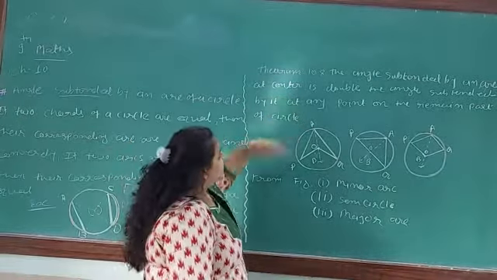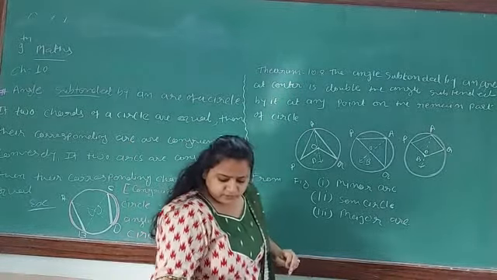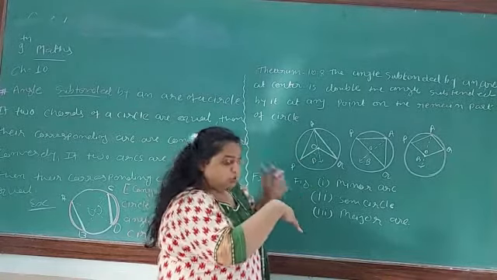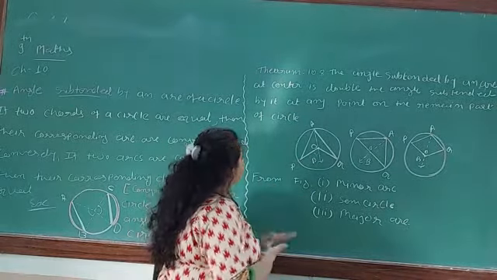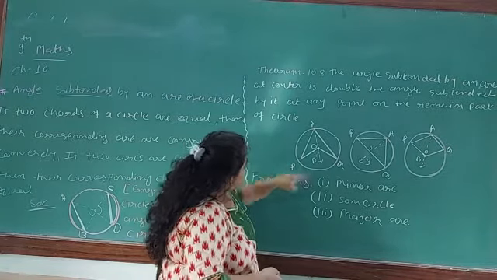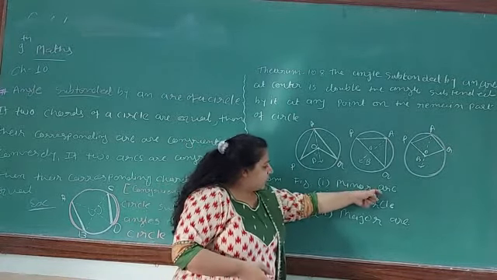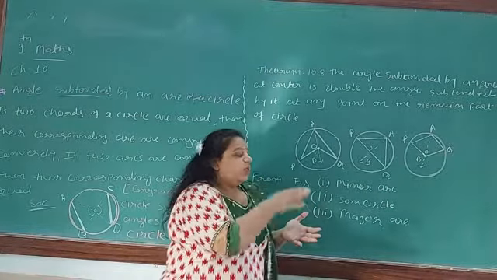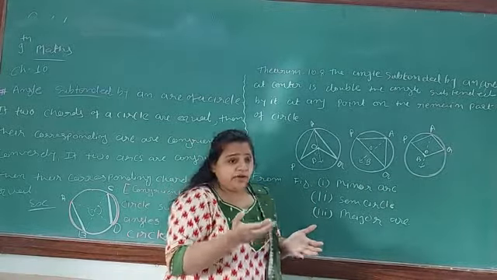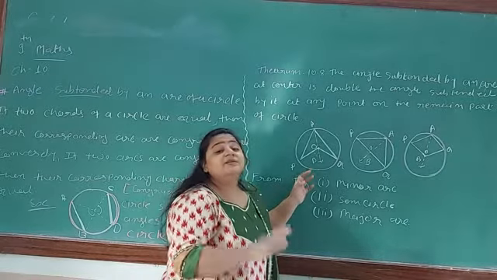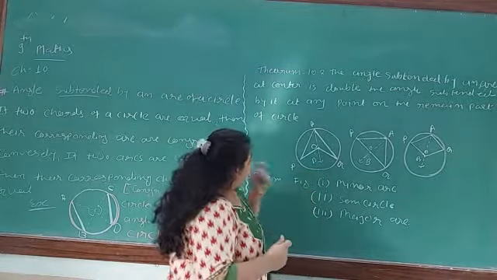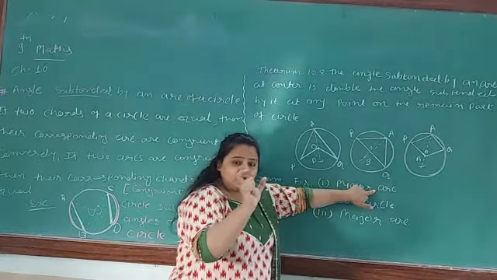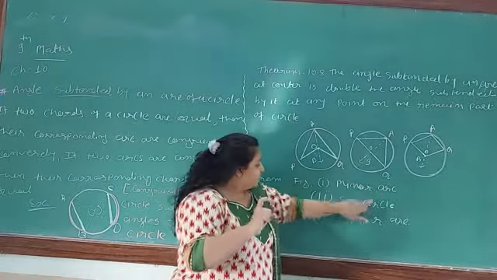Now let us go to theorem 10.8. Here you can see the diagram first, then we will go to the theorem and what they are trying to say. Here you can see minor arcs. You know the definition of minor arc, major arc and semicircle, because it is important here. A minor arc will be small.